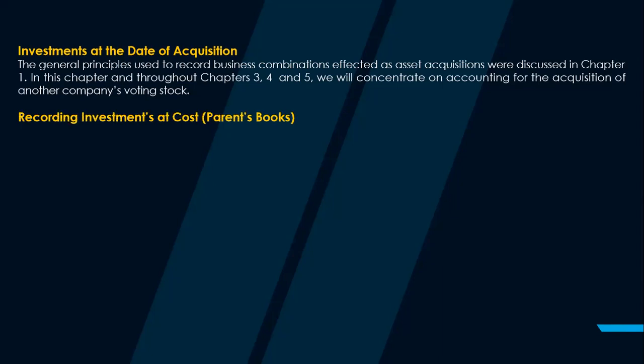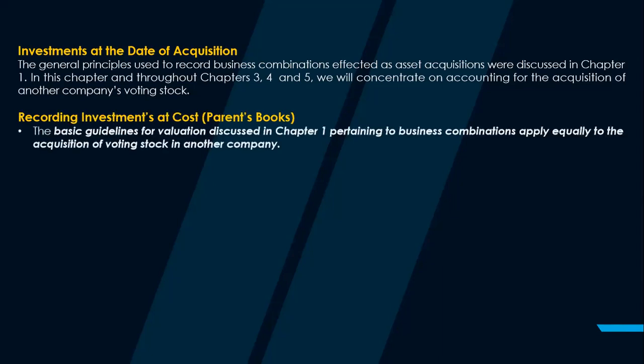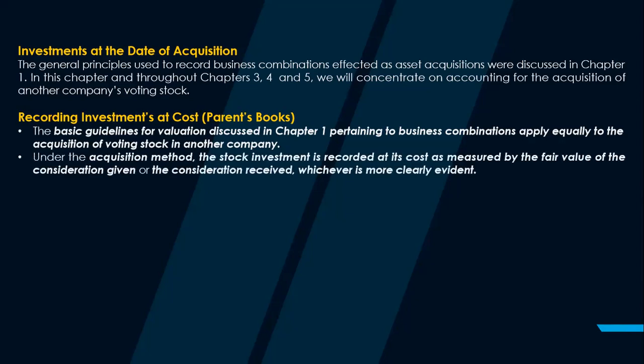Recording investments at cost in the parent's books: the basic guidelines for valuation discussed in Chapter 1 pertaining to business combinations apply equally to the acquisition of voting stock in another company.